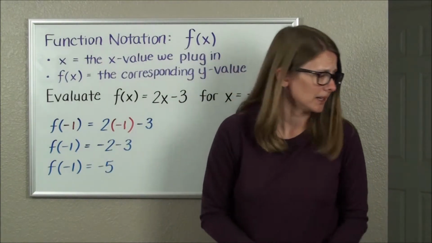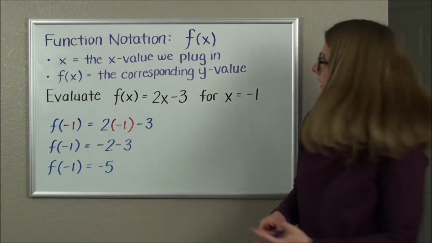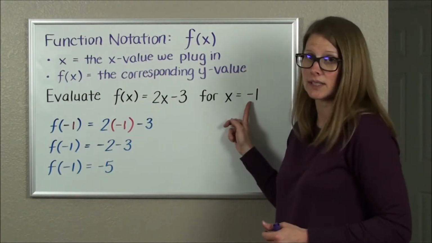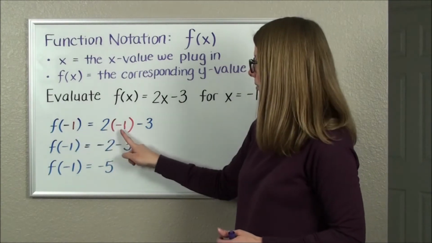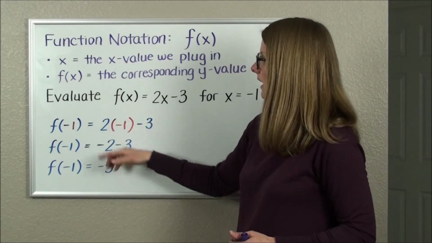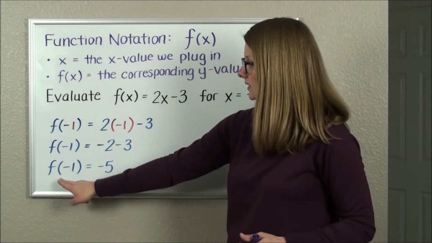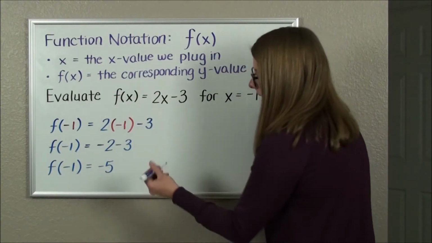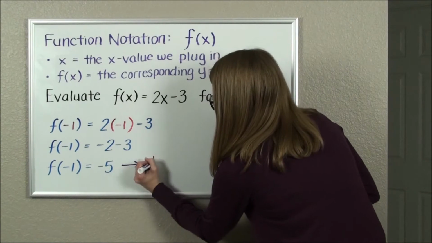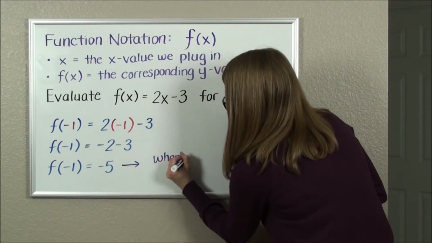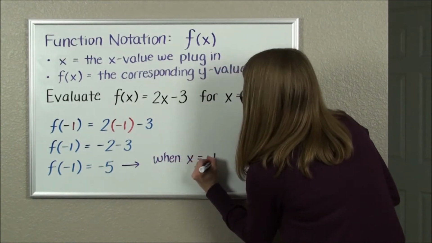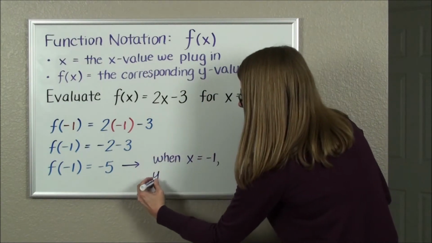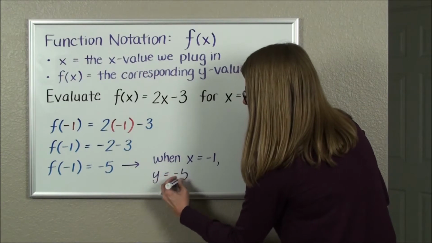What the heck does that mean? Well, here's what it means. Again, x is the value we plugged in. They told us x was -1, so we went ahead and plugged it in, and then we cranked it out. F of x, in this case f of -1, is the corresponding y value. So what this is telling me is when x equals -1 in this function, y equals -5.